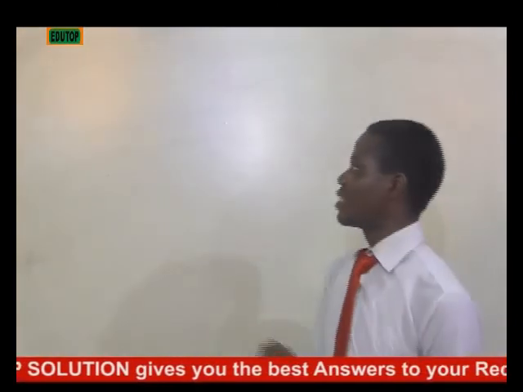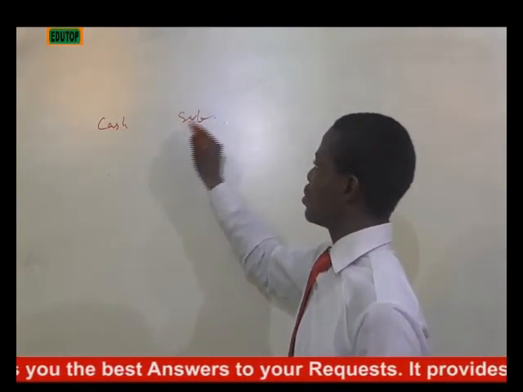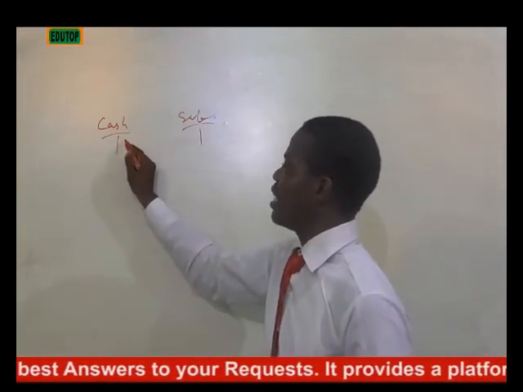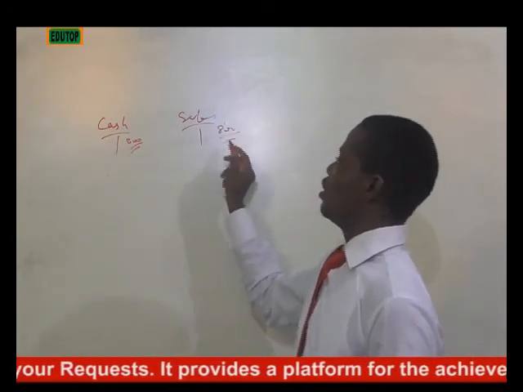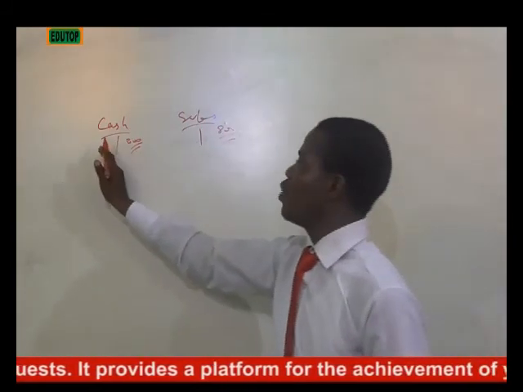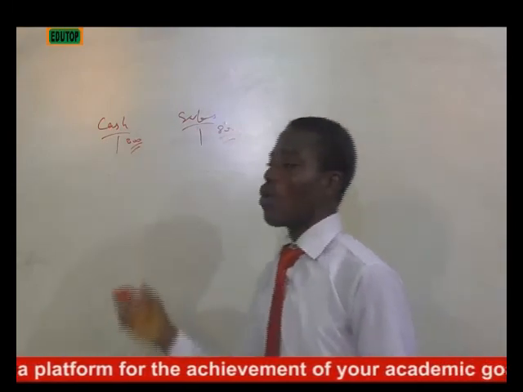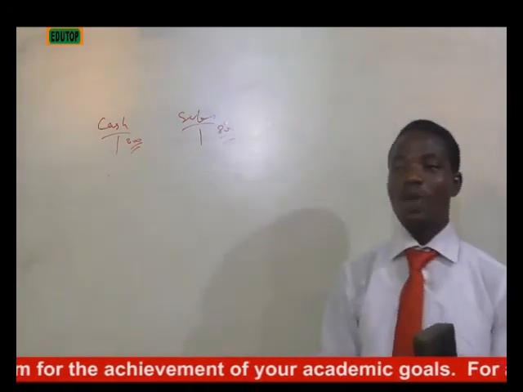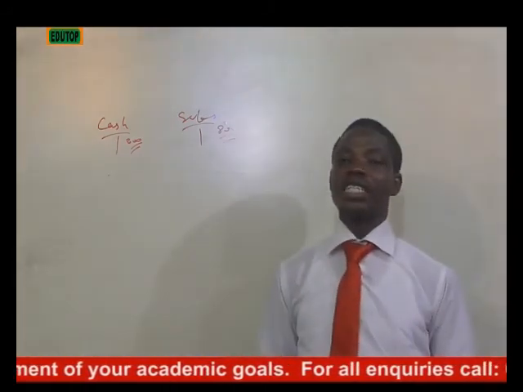Like, take for example now, cash and sales. If this one is balanced, it has an error of 800, and it affects this also. Because when you don't include this, that means inclusion of this also will not occur in the trial balance. That is why we say that they do not affect the trial balance.